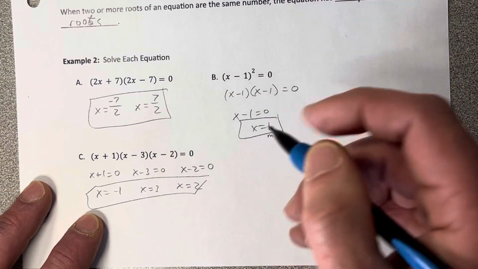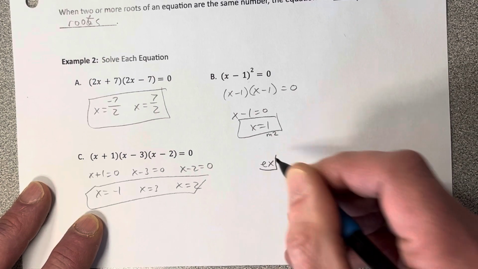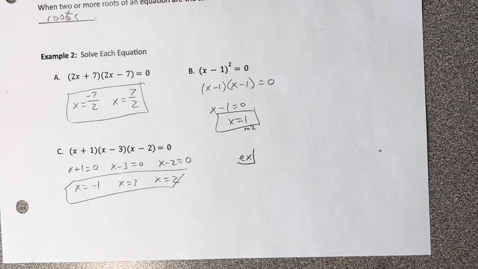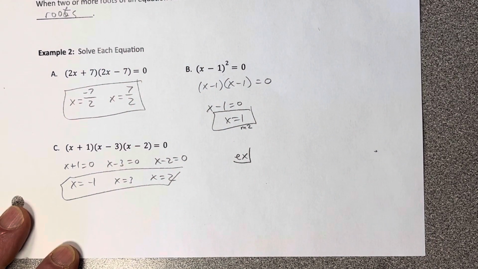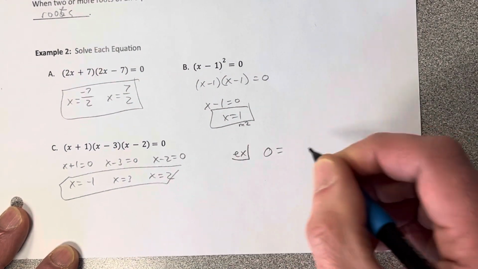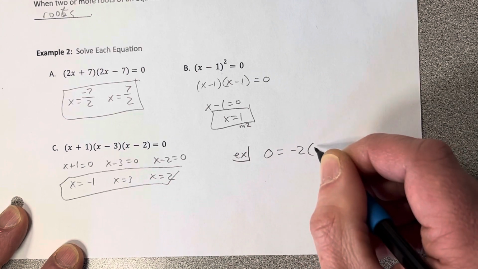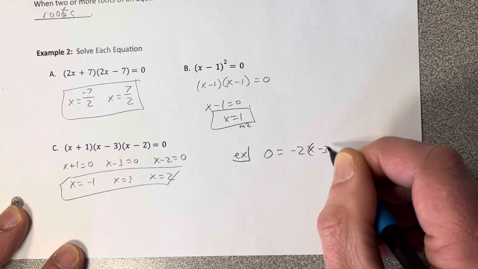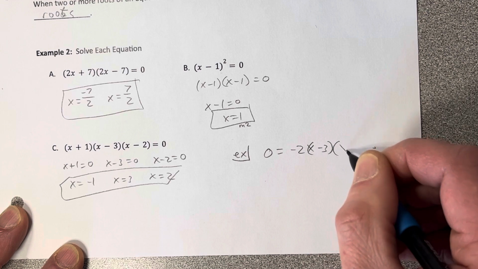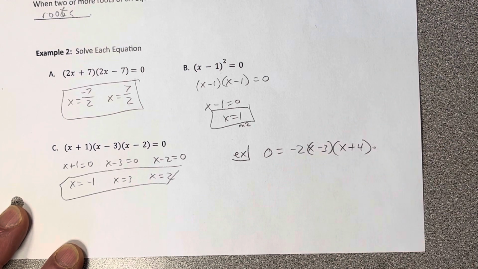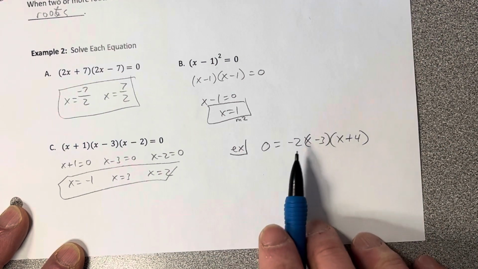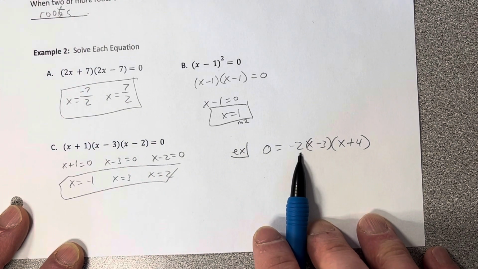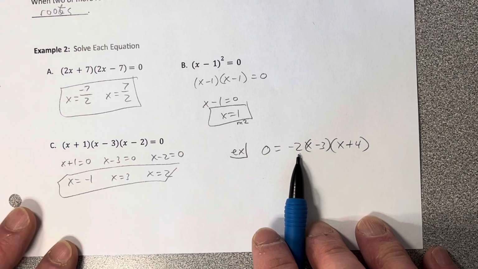Something that doesn't show up on here, but unfortunately shows up on our homework, is that you might have something like this: 0 equals negative 2 times (x minus 3) times (x plus 4). You could have a constant as one of your factors, just negative 2.